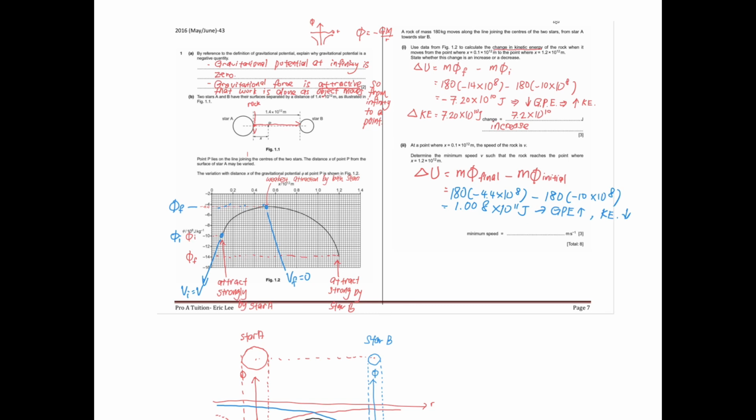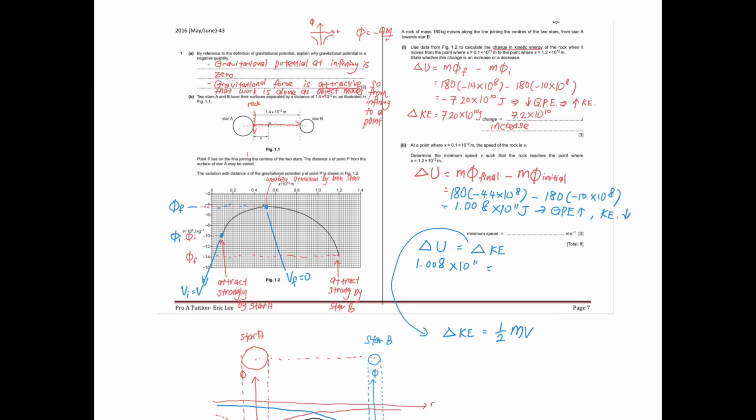Now let's come back to the question. The change in gravitational potential energy is equal to the change in kinetic energy. So 1.008 times 10 to the power of 11 is equal to the change in kinetic energy, which is half m v initial squared minus half m v final squared.